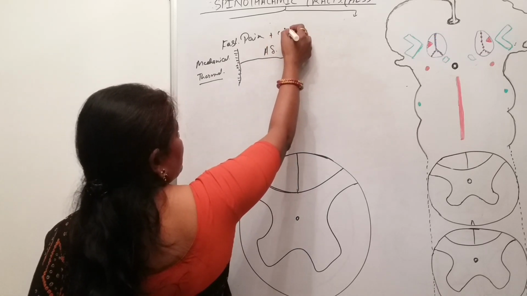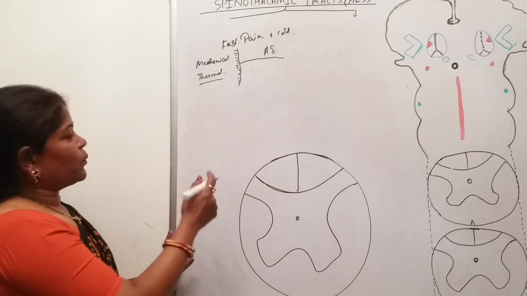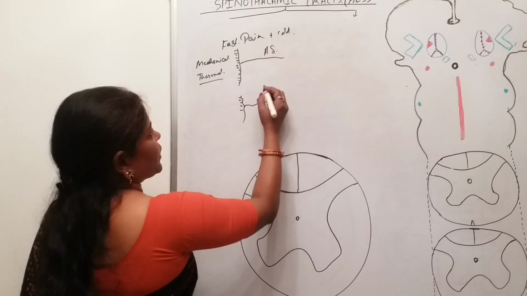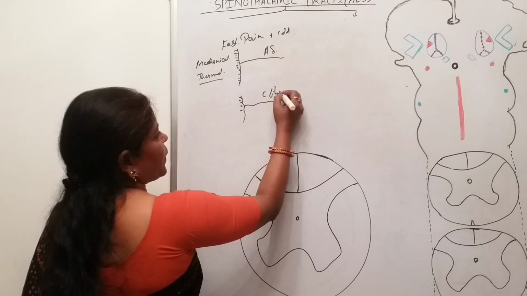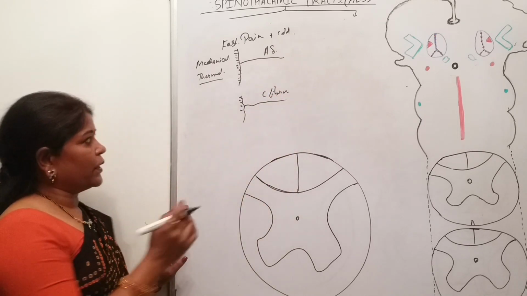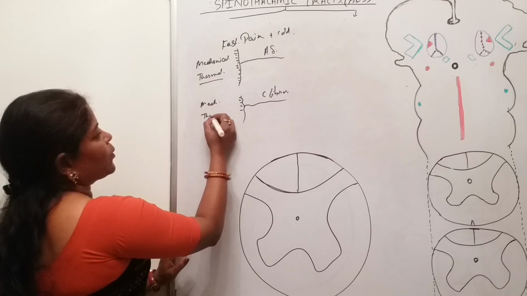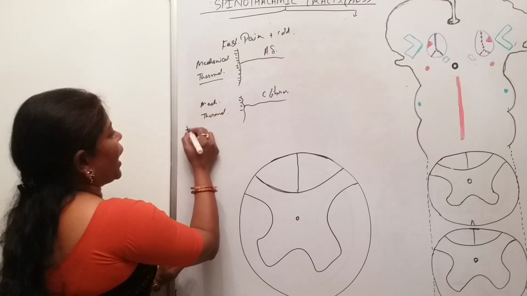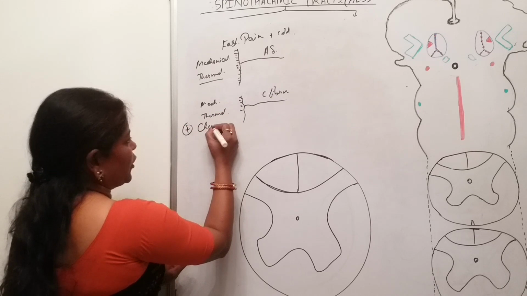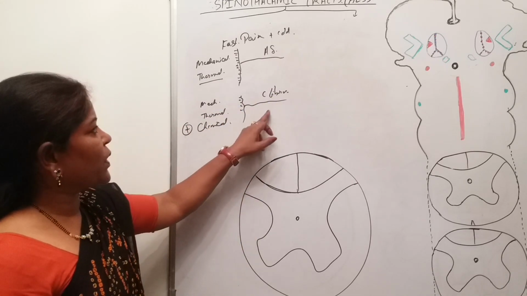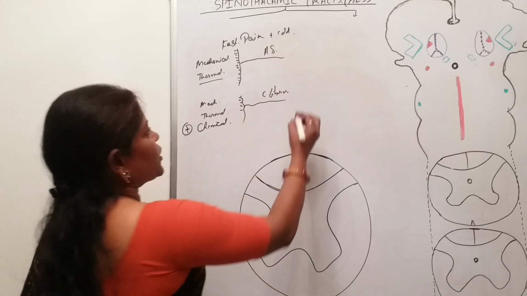But what about the C fibers? C fibers are very important. Other than the mechanical and thermal, there are additional chemical stimuli which will excite the C fibers for the conduction of the slow pain.